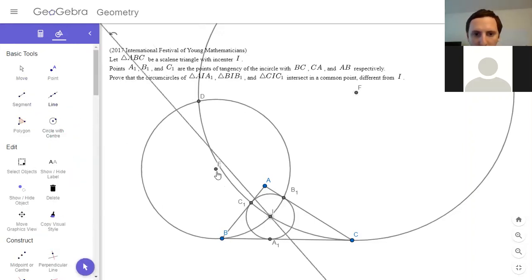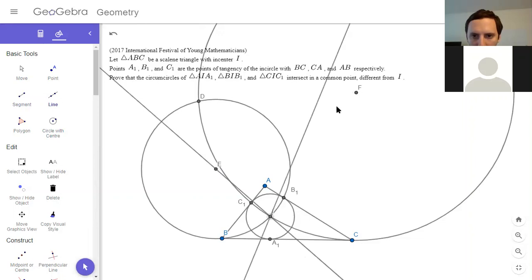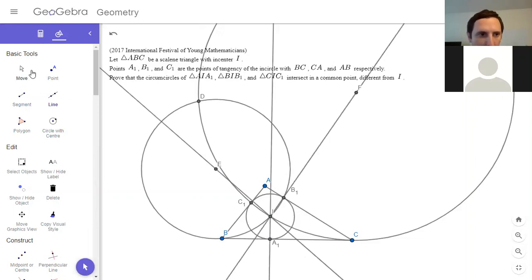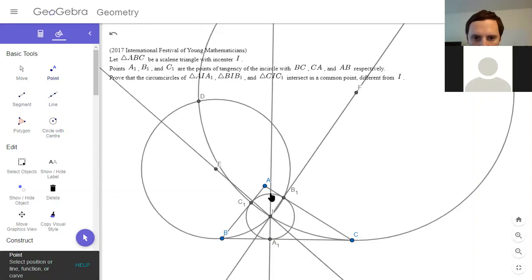You said the diametrically opposite point of I? Yes, in all three. I would show that the centers of the three are collinear.